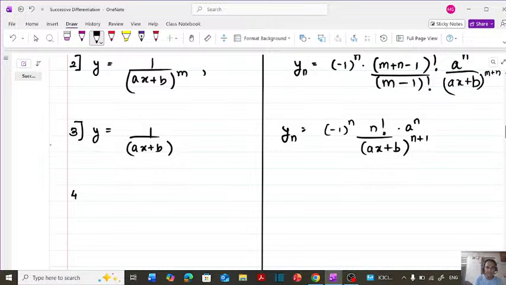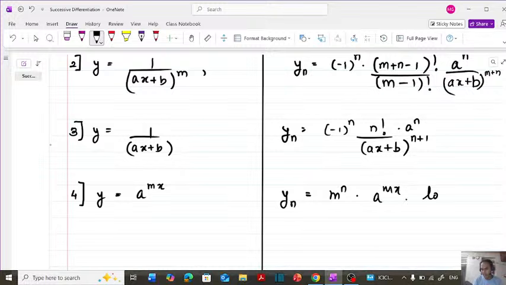The next formula is going to be for a to the power mx. The formula is yn equal to m to the power n into a to the power mx into (log a) whole raised to n.